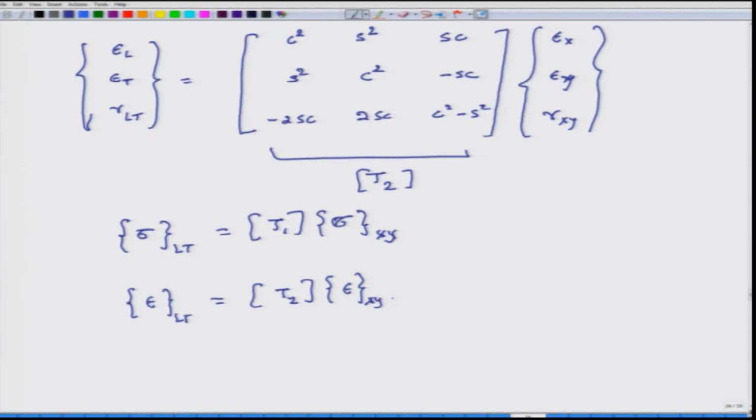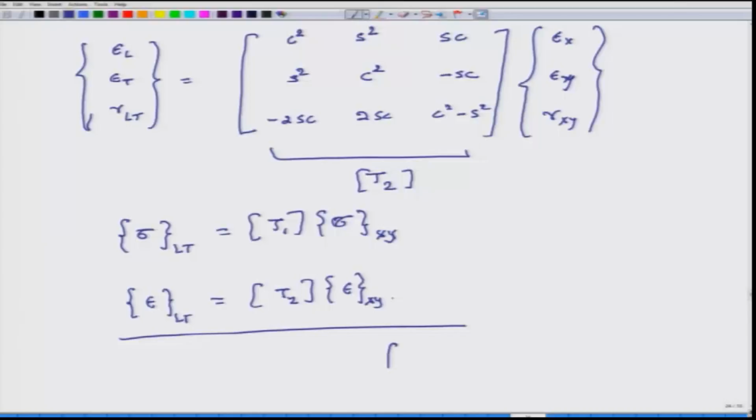Now we move to another thing. Our original relations between stresses and strains were using the LT coordinate system.